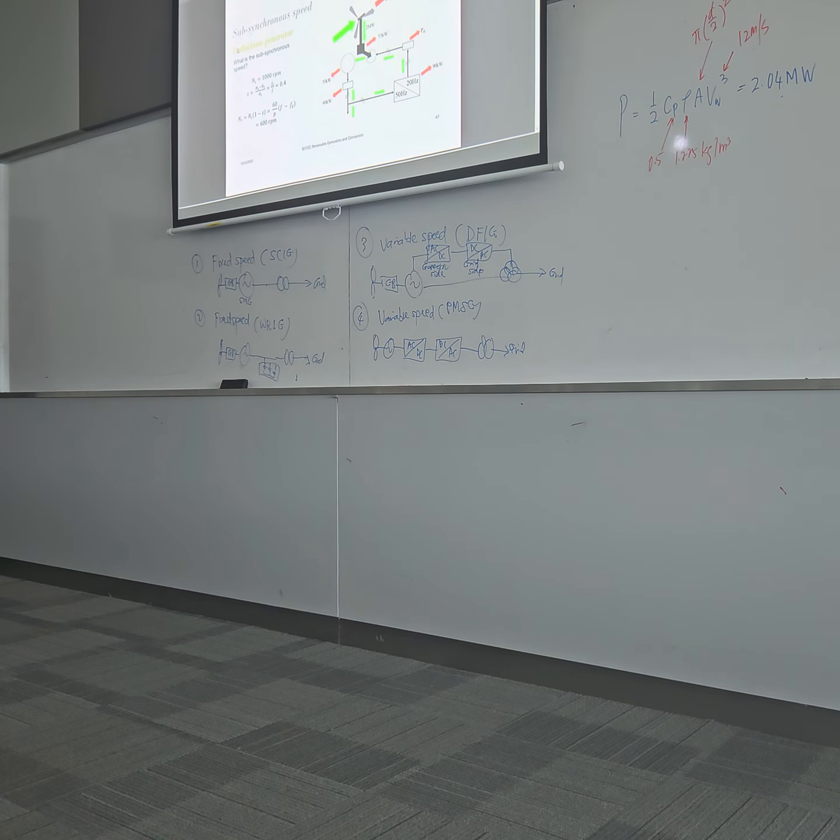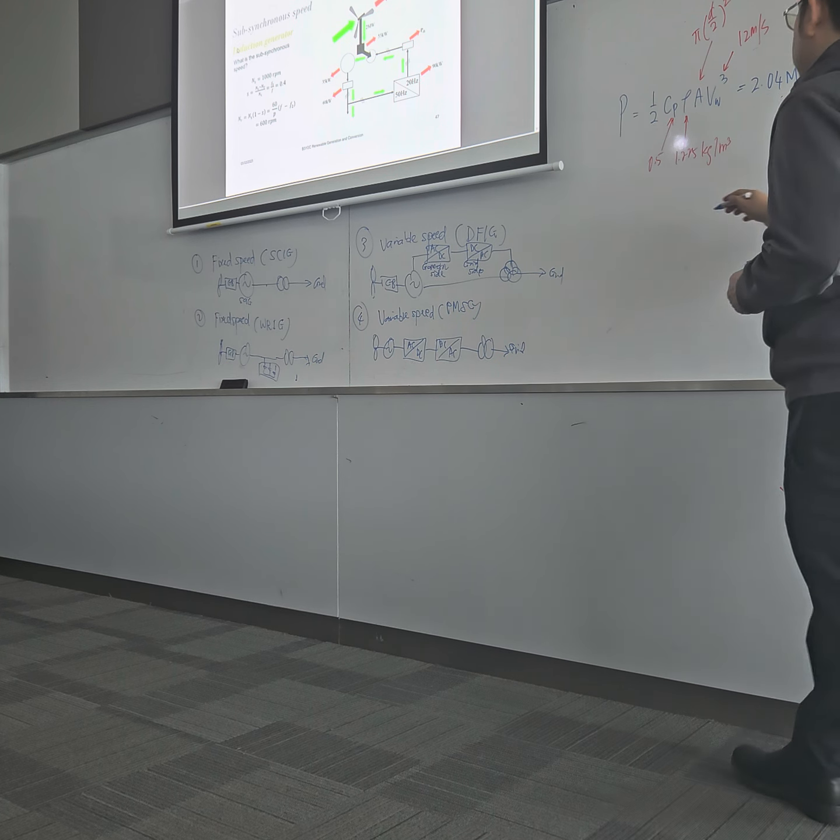So if we have your synchronous speed at 1000 RPM based on the number of poles, based on the frequency, you get 1000 RPM, right? If you remember your NS.